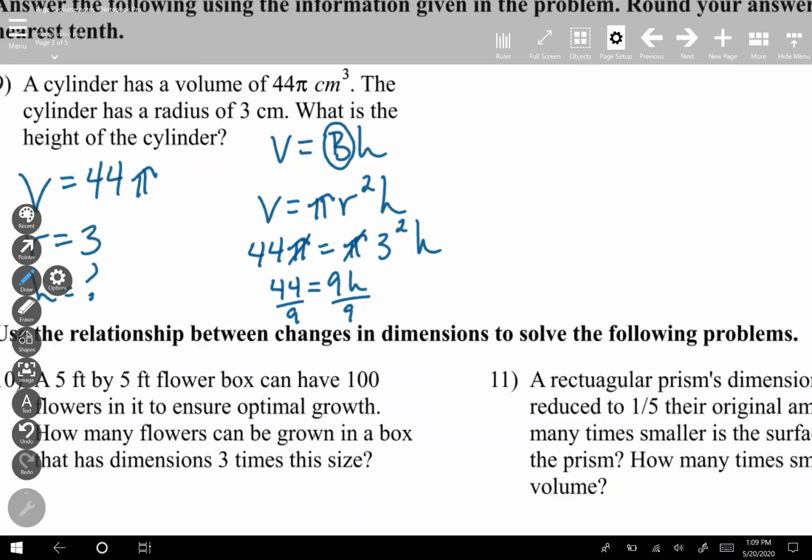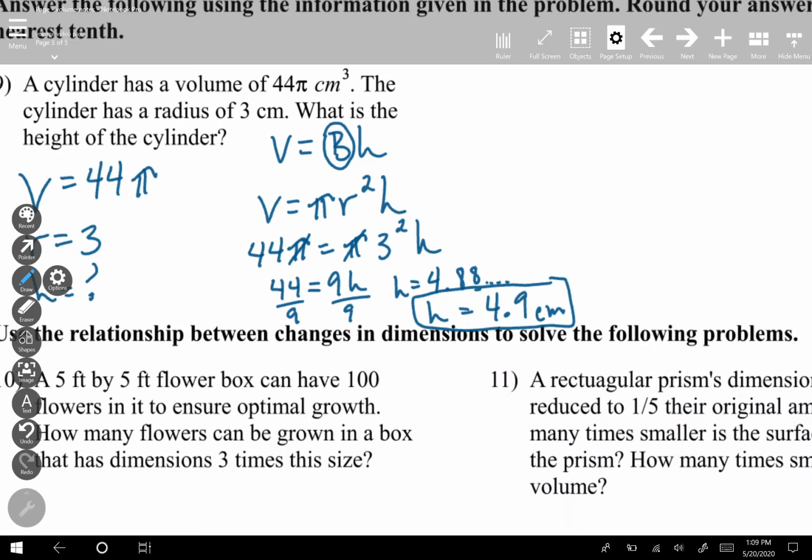So do 44 divided by 9. So you get 4.8, like 8 repeating, right? So look at the second one here. The 8 is definitely going to make this other 8 round up. So the height would be 4.9 centimeters.